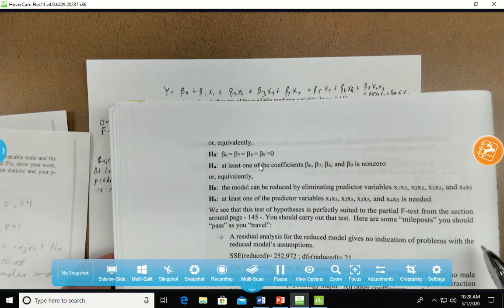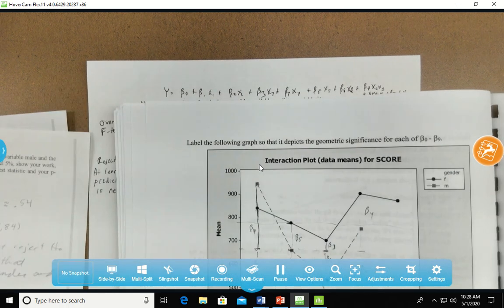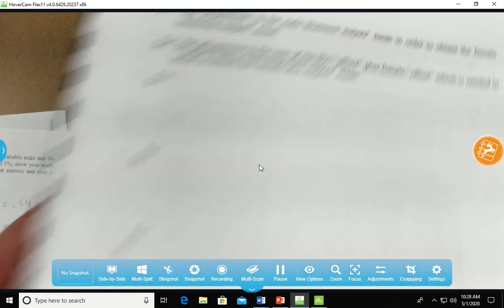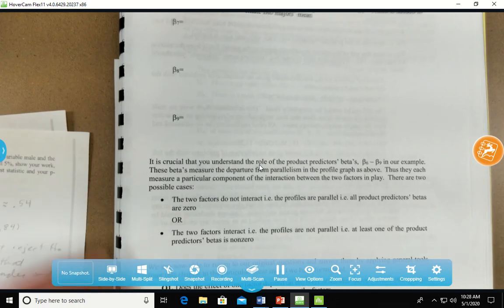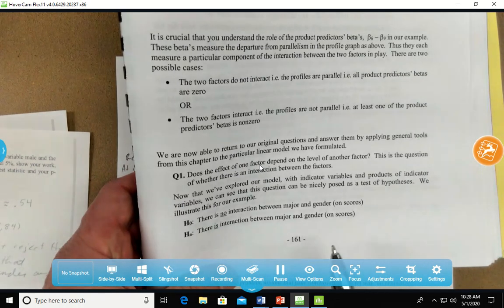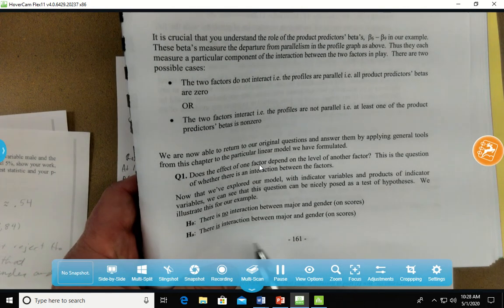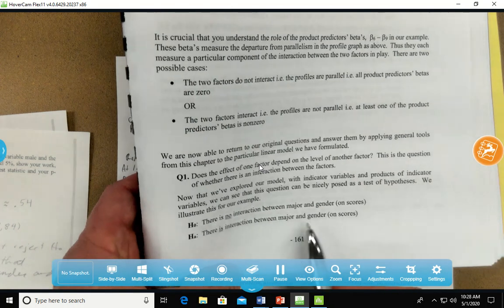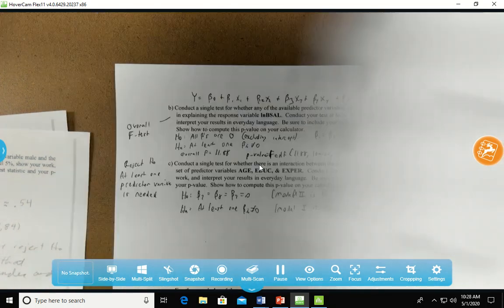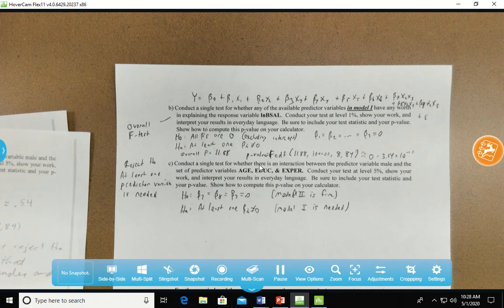At least one of the predictors is valuable. And you could also say there is no interaction between gender and education, experience, and age, or there is interaction, at least one of those, between gender and education, experience, and age.